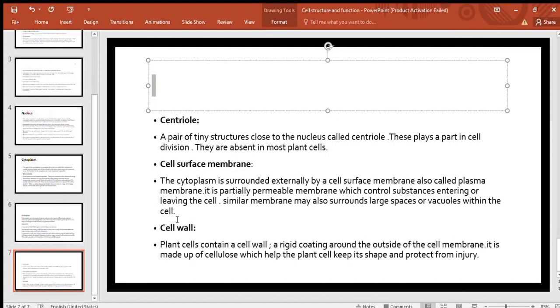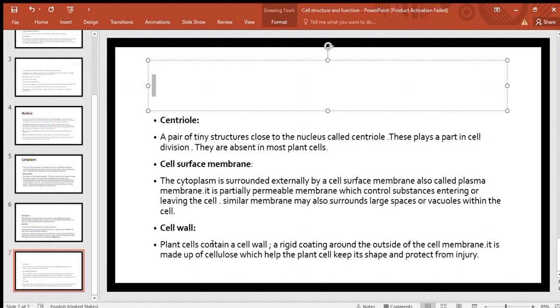The cytoplasm is surrounded externally by a cell surface membrane, also called the plasma membrane. It is a partially permeable membrane which controls substances entering or leaving the cell. A similar membrane may also surround a large space or vacuoles within the cell.